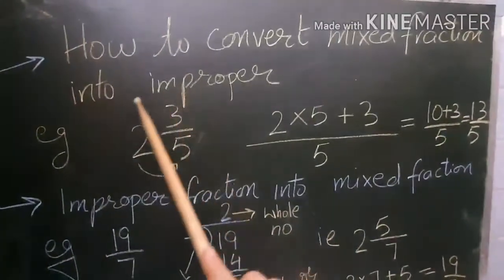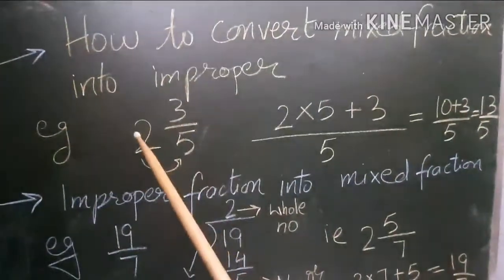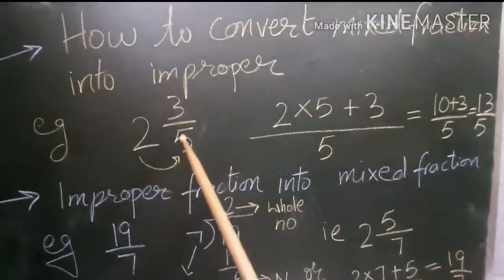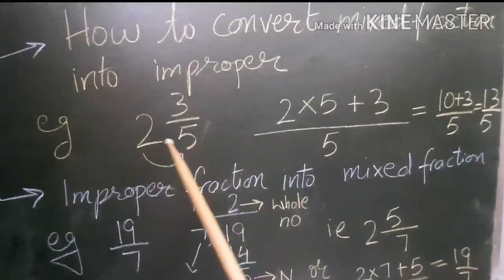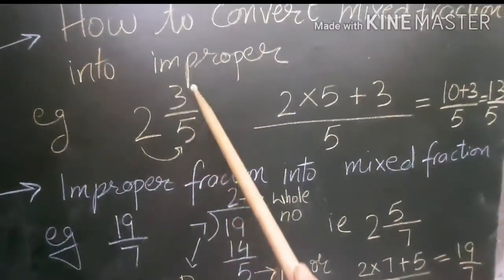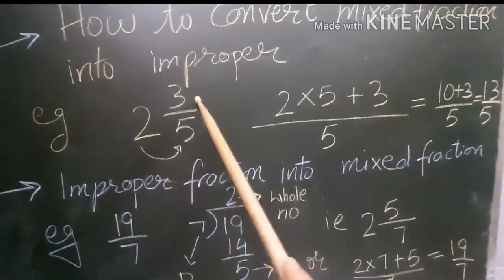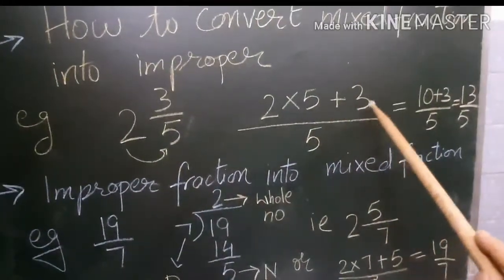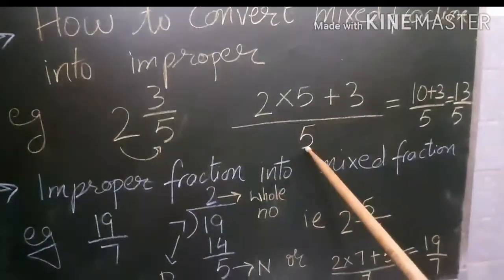Let us take an example of a mixed fraction. It is 2 3 by 5. How to read it? 2 3 by 5. So what do we do? We multiply the whole number with the denominator and add the numerator to that. 2 multiply 5 plus 3 upon denominator.